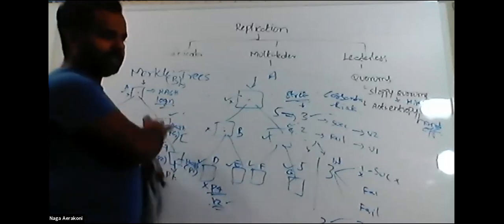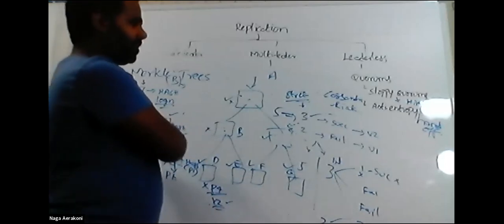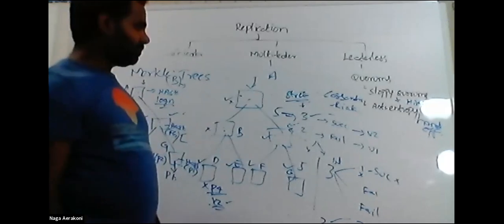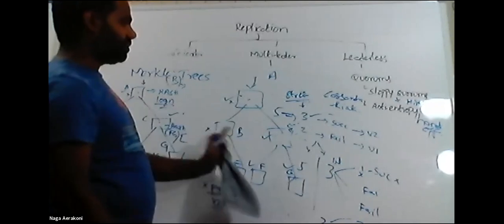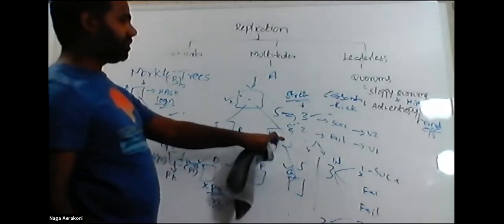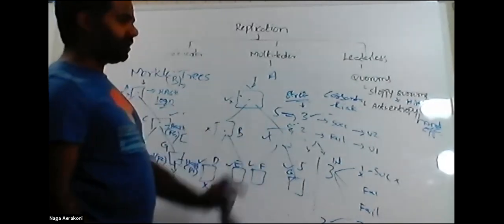Something like that. Temporarily some data sits somewhere, and then comes back to the same quorum. And Merkle trees are kind of a background process to synchronize the data, to make sure that all the quorums remain up to date.